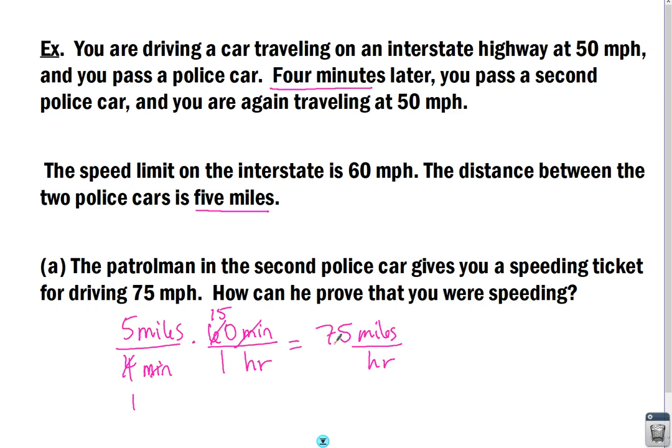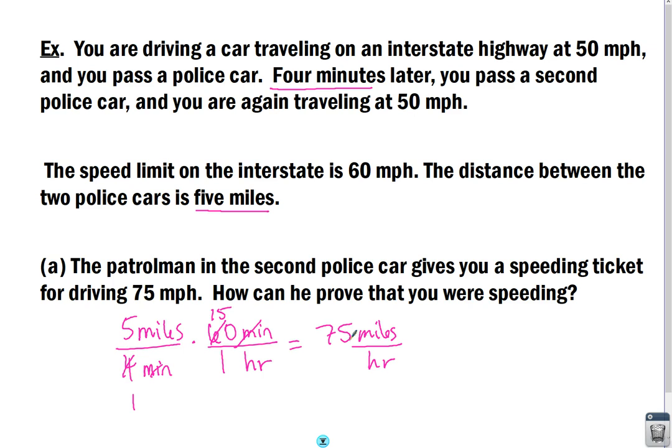Okay, this is kind of an application of the mean value theorem, because on average, you drove 5 miles over 4 minutes from start to finish. So then you had to have driven at some point, like on average you drove 75 miles per hour. Well, your speed is continuous.